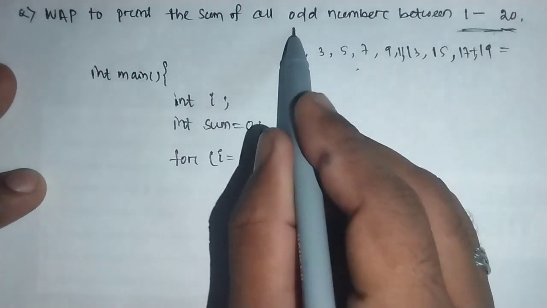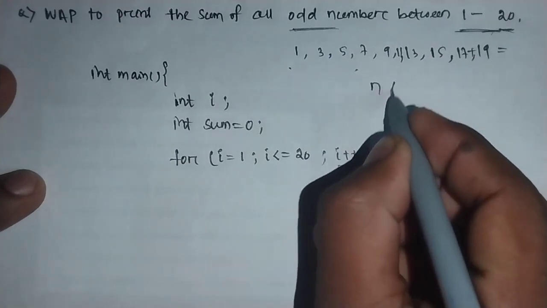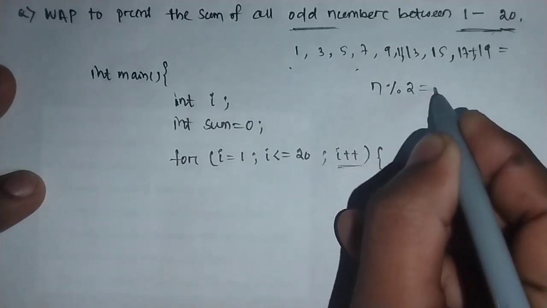For odd numbers, we know that the number modulus 2 will give us 1.